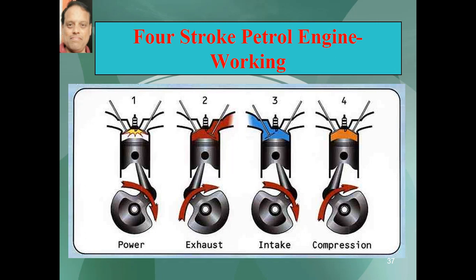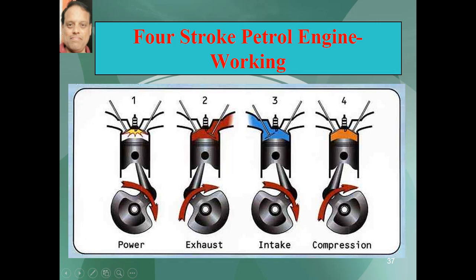During the next exhaust stroke, the piston is moving upward. Because of this, the burned gases are expelled, so the outlet valve has to be open and the inlet valve has to be closed. This completes one complete revolution of the crankshaft.